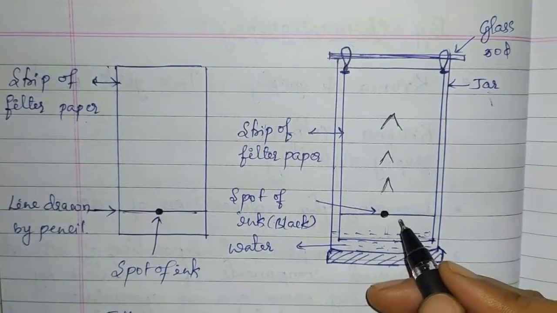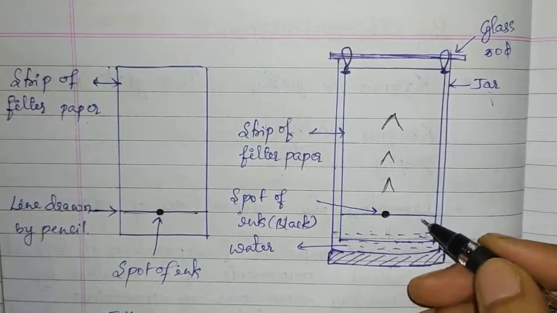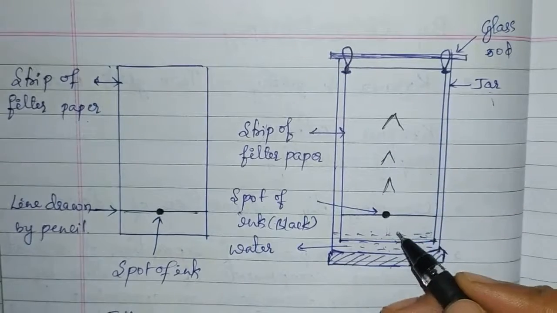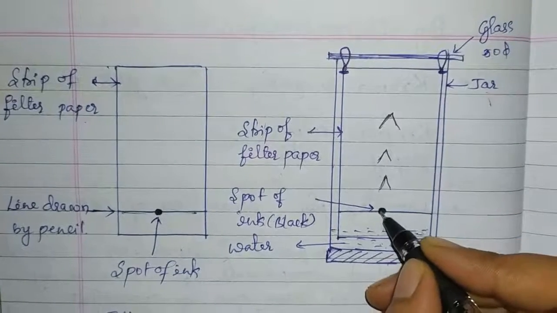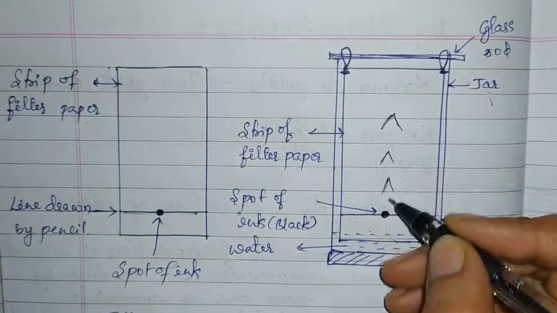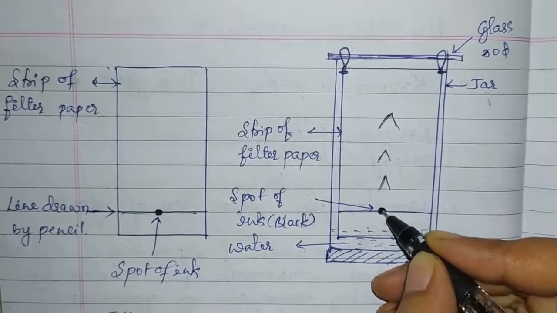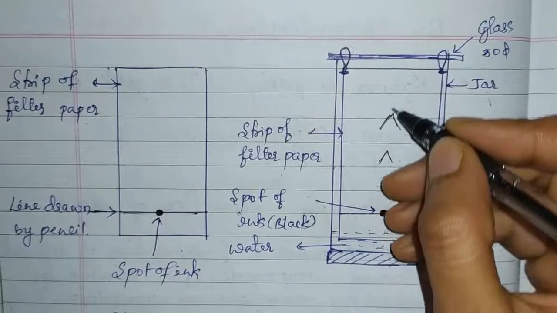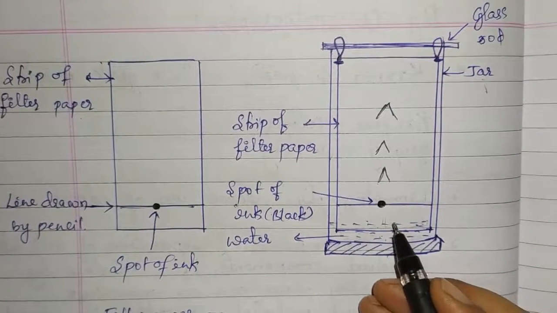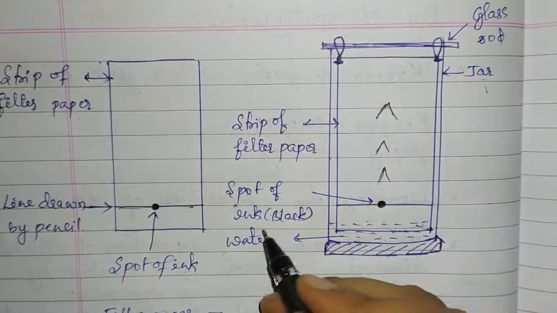I will send the photo so that you can understand. So when water rises on this filter paper, the ink placed here also moves along with the rising water molecules, and the different colors present in this black ink are separated in different regions.